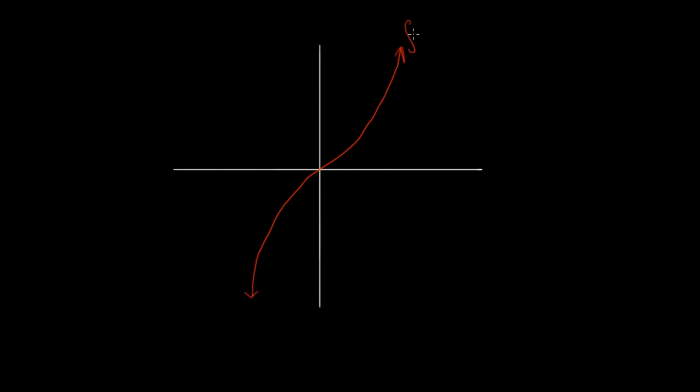So this is f of x is equal to x cubed, an odd function. So now if we multiply the entire function f of x by -1, we get a reflection about the x-axis.